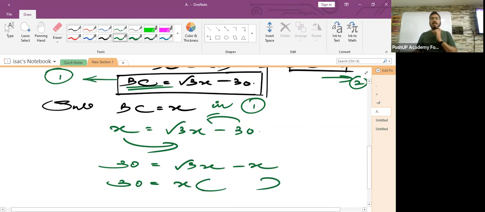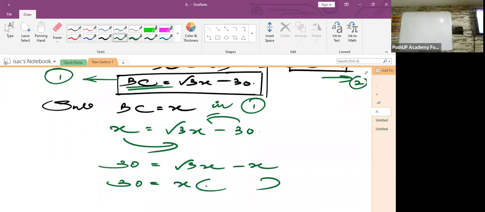what will come inside the bracket? Root 3 minus... If I take x as a common factor, what will come inside? x into 1.